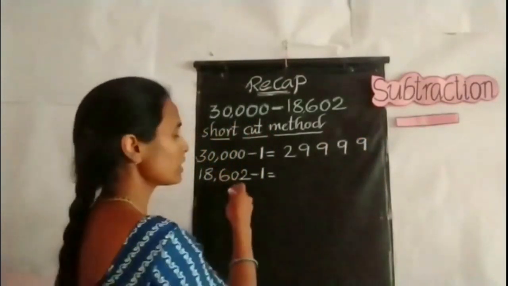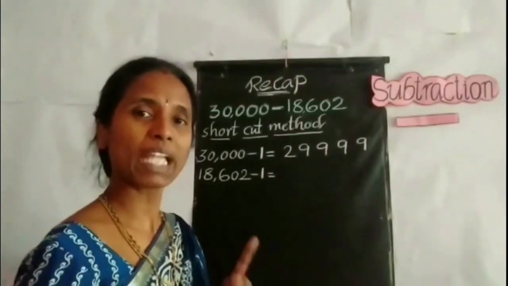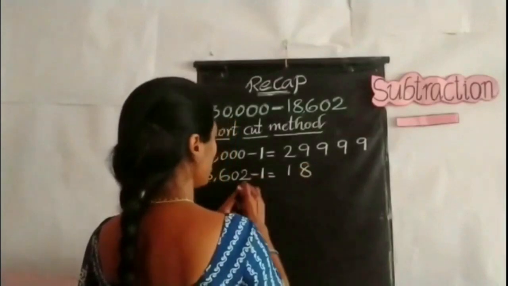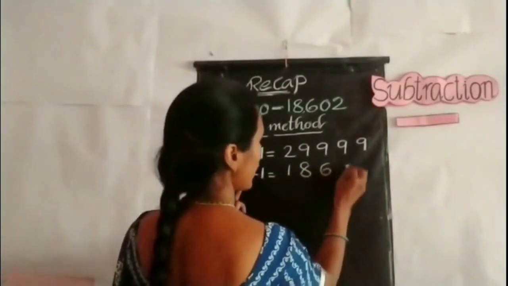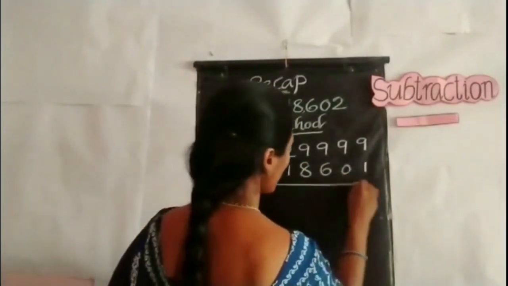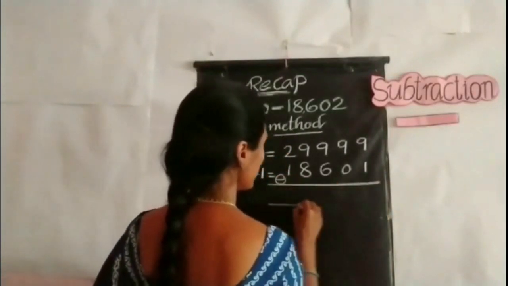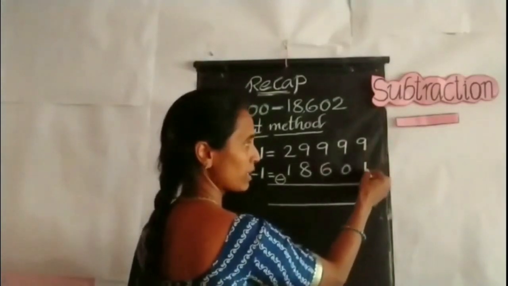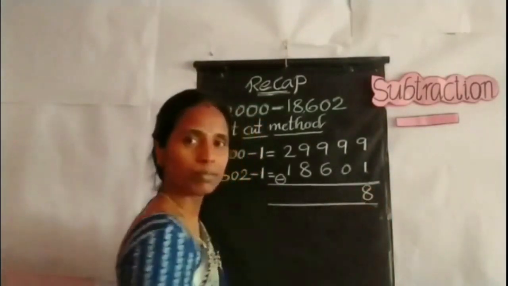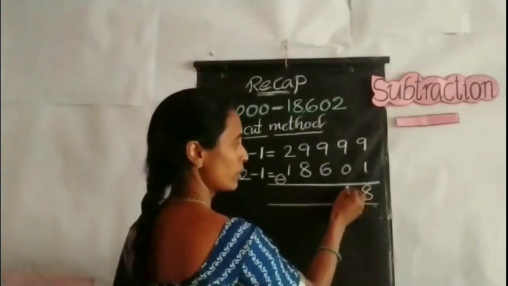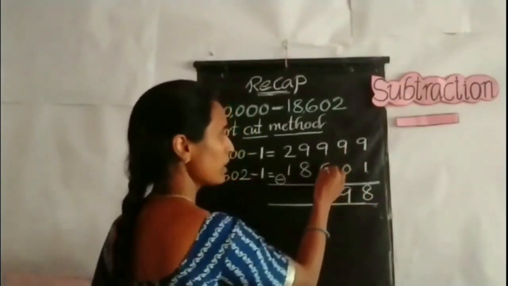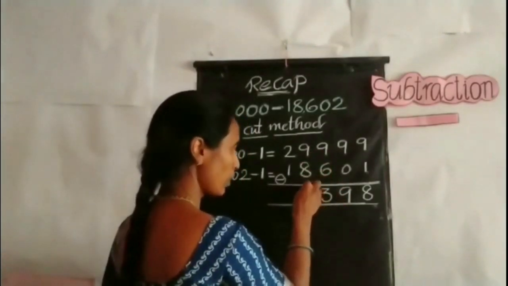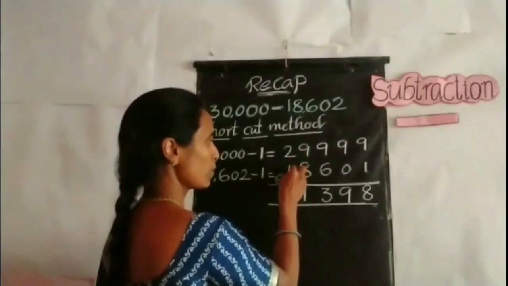Now 18,602. If I subtract 1 from 18,602, what will I get? 18,601. Let me subtract. From the ones place we have to start subtraction. 9 minus 1, 8. 9 minus 0, 9. 9 minus 6, 3. 9 minus 8, 1. 2 minus 1, 1.